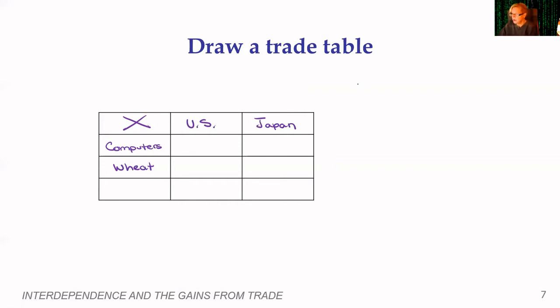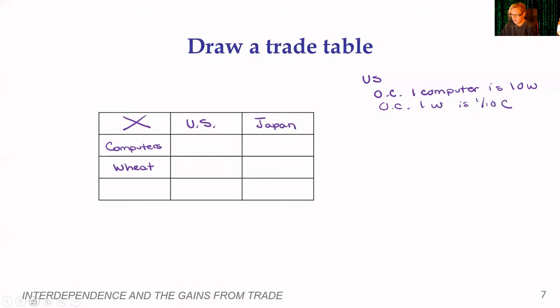So remember in our example, we said in the US, the opportunity cost of one computer was 10 wheat, and the opportunity cost of one wheat is 1/10 of a computer.